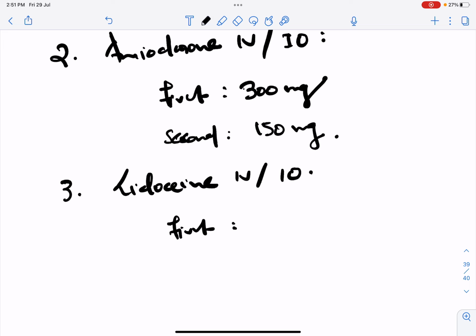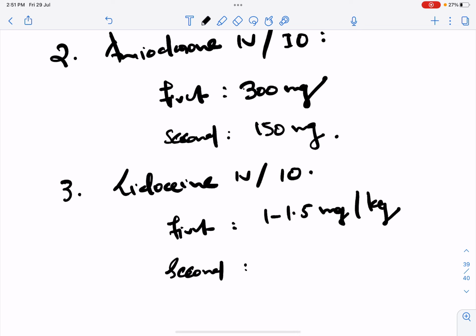The first dose is 1 to 1.5 mg per kg, and the second dose is 0.5 to 0.75 mg per kg. Make a note, here it is mg per kg, not mg. The second dose is just half of the first.